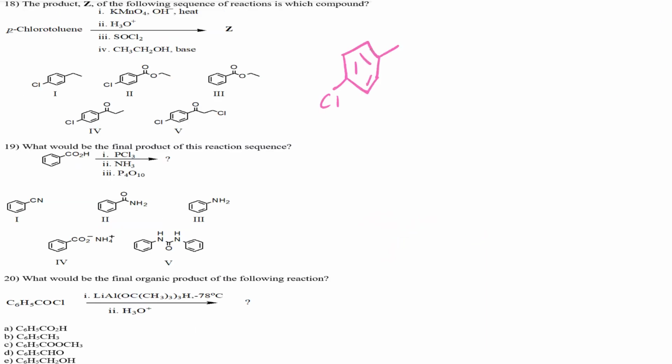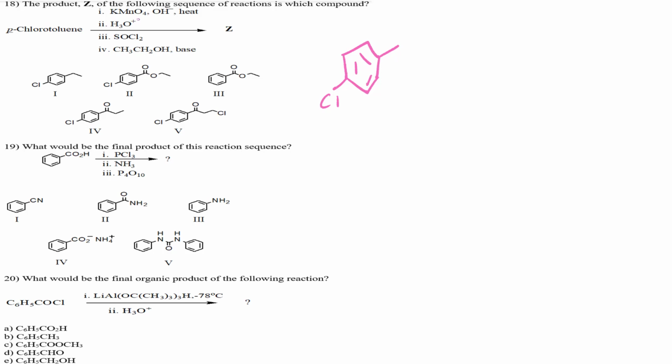The product Z for the following sequence of reactions is for what compound? So basically, when we do this series of reactions, what compound will be formed? Okay, so now we have parachlorotoluene, and we're reacting it with potassium permanganate.